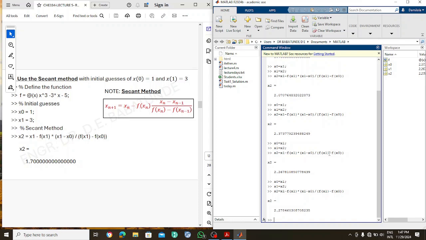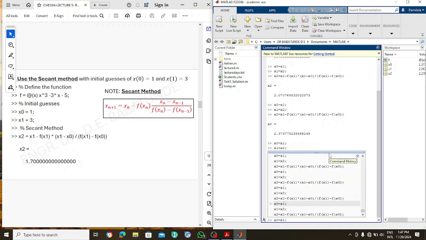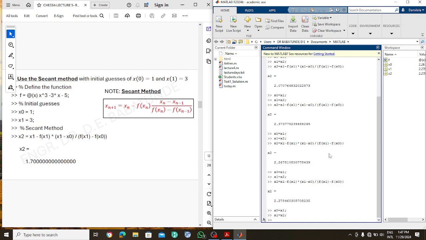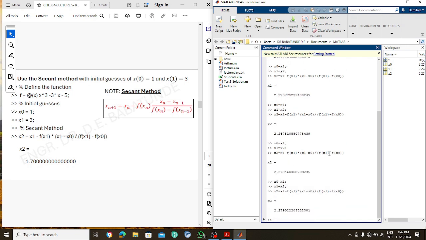It's getting closer, right? So that means it's converging to a solution already. So let's continue. So let's look at this. Yeah, it's getting closer.